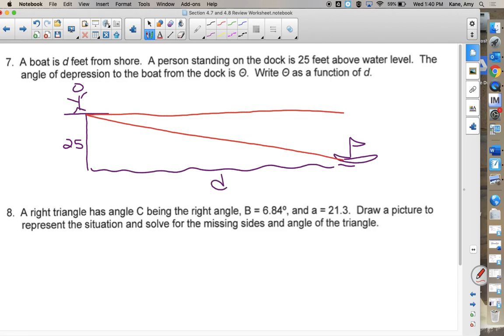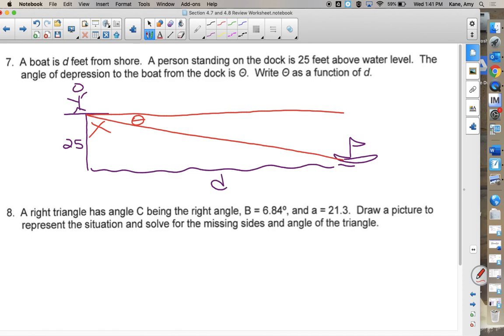So the angle of depression is this angle right here, not that. That angle is the bearing. The two together are complementary, but they're opposite angles. The angle of elevation and depression go from the horizontal. The bearing goes from the vertical.